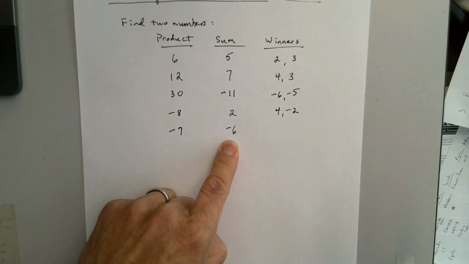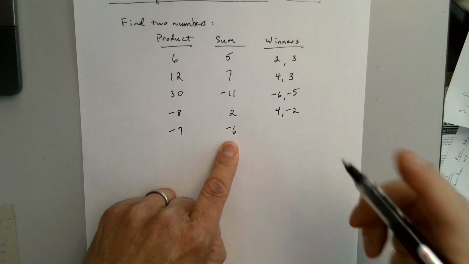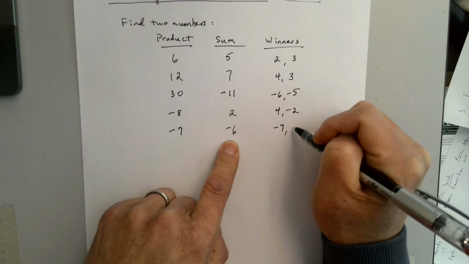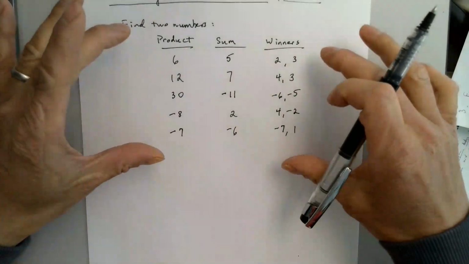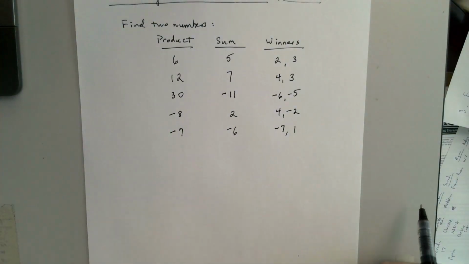The one with the higher absolute value has to be negative because the sum is negative. The winners are -7 and +1. Okay, so that's the game. And we're going to use this game in the first step of factoring a general trinomial.